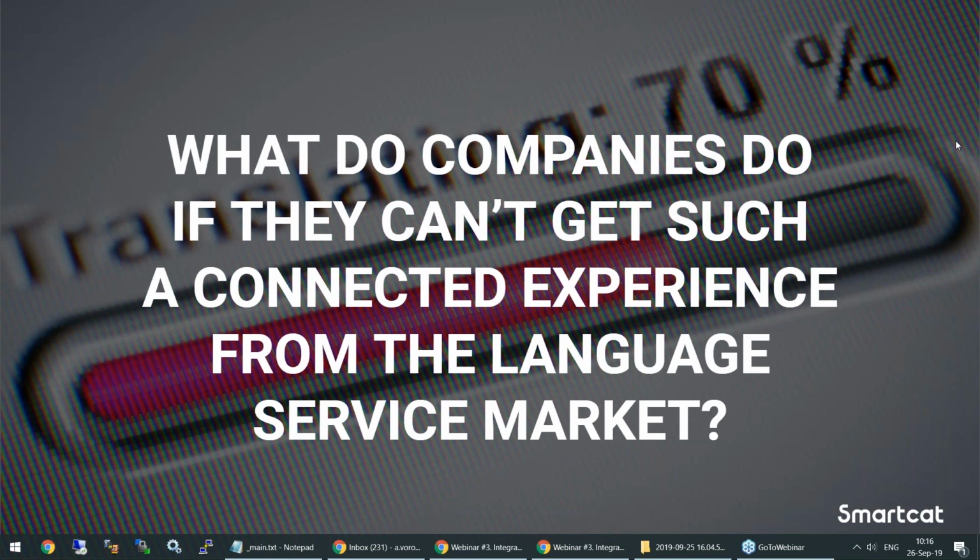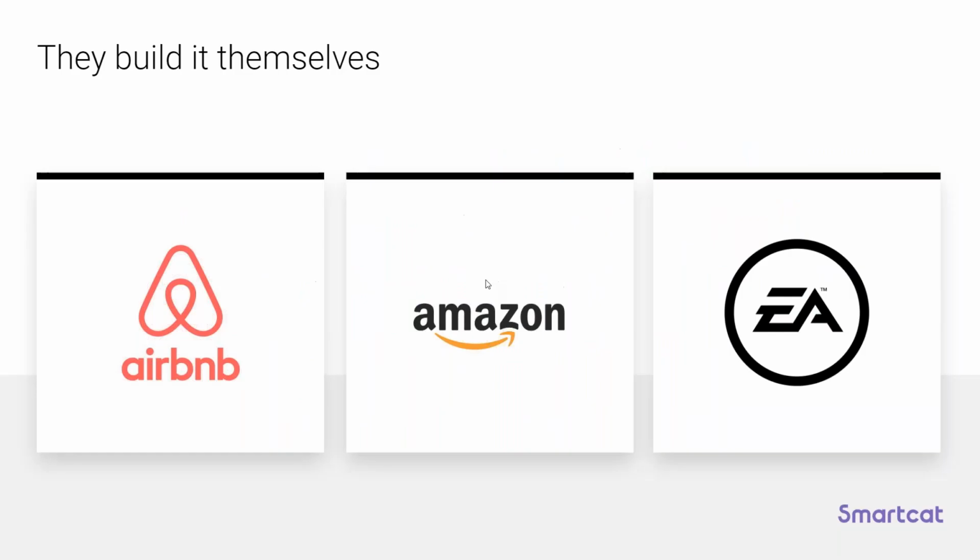Let's see what companies can actually do when they're evolving faster than the traditional language market, when companies need to move fast and the language market is still accepting orders via email or has hard times producing fast turnaround. So we have several companies here who built it themselves. Companies like Airbnb, Electronic Arts.